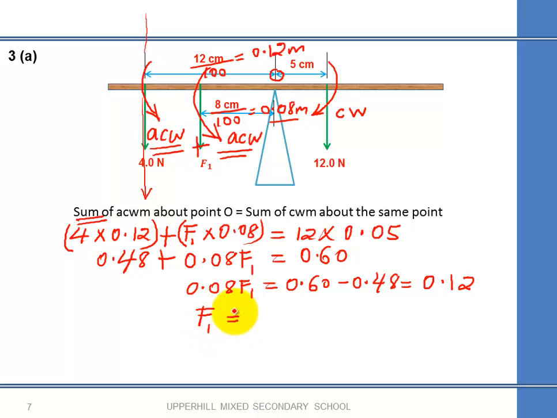So on the left hand side, I remain with F1 because I've divided by 0.08. The other side, I divide by 0.08, and that gives me 1.5 newtons. It's just as simple as that.